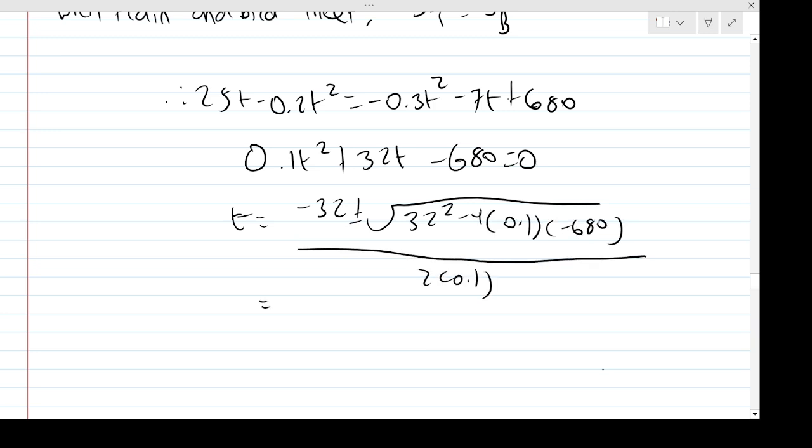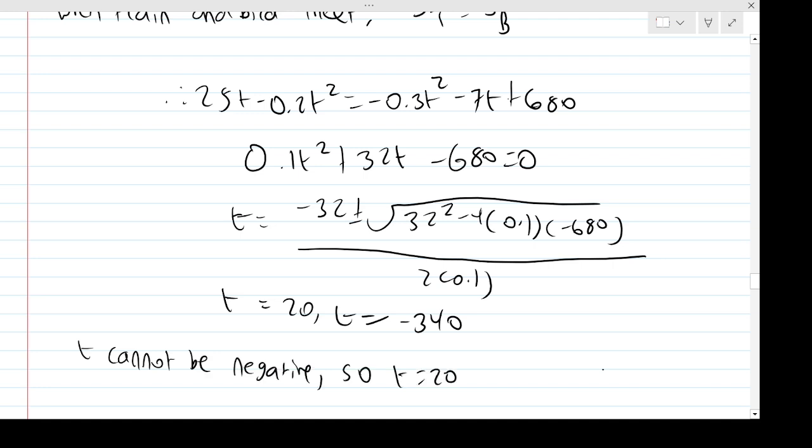And so if we put that in the calculator, we get t is 20 or t is minus 340. But of course we can't have negative time, so we can only accept the positive solution, so t is 20 seconds.